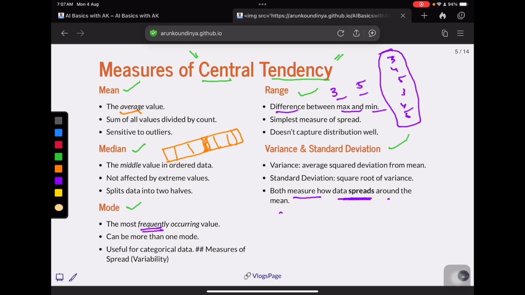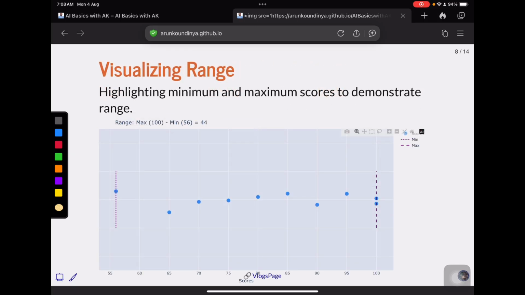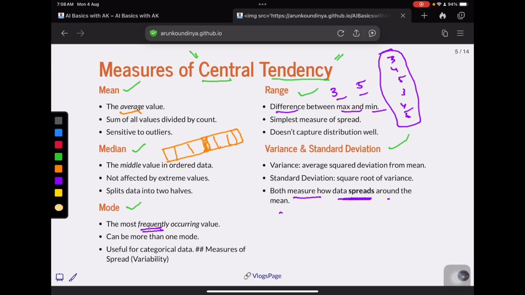On an average, we can say 4 milk packets got sold, and the middlemost number when we order them is 3, and most frequently it is again 4, and the range is between 3 and 5, and the variance is very small. Say the standard deviation is much smaller, say 1, then we can predict what is going to happen the next day.